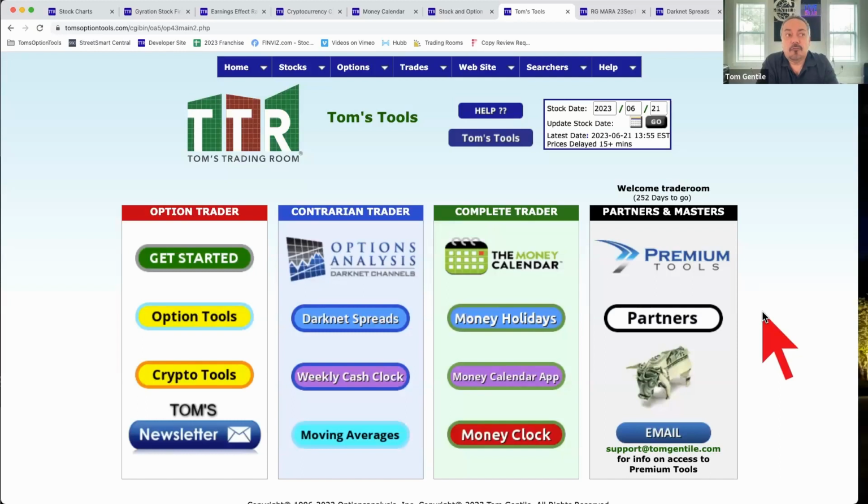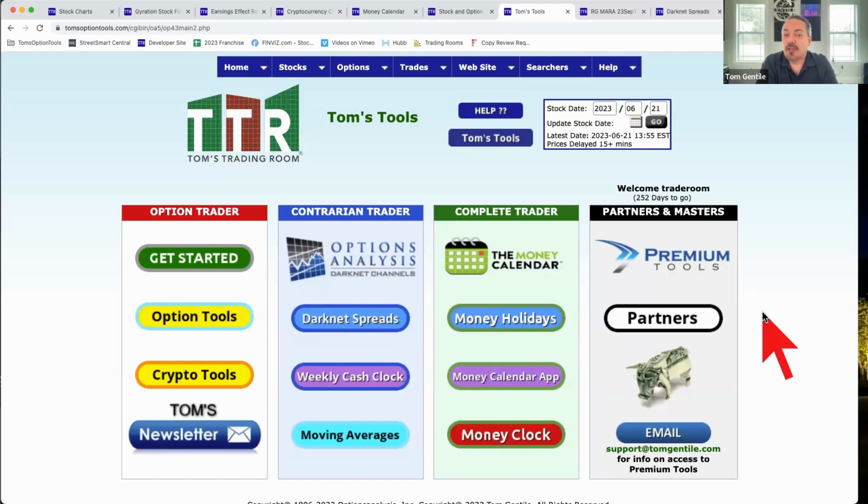If you're looking for strategies, in fundamentals, technicals, contrarian, seasonal, we have a handful of strategies that you can run backtests on, whether they're directional or non-directional. We even have what we call our partners and premium tools for those of you that want to shoulder yourself up against one of our traders and get access to their proprietary scans.